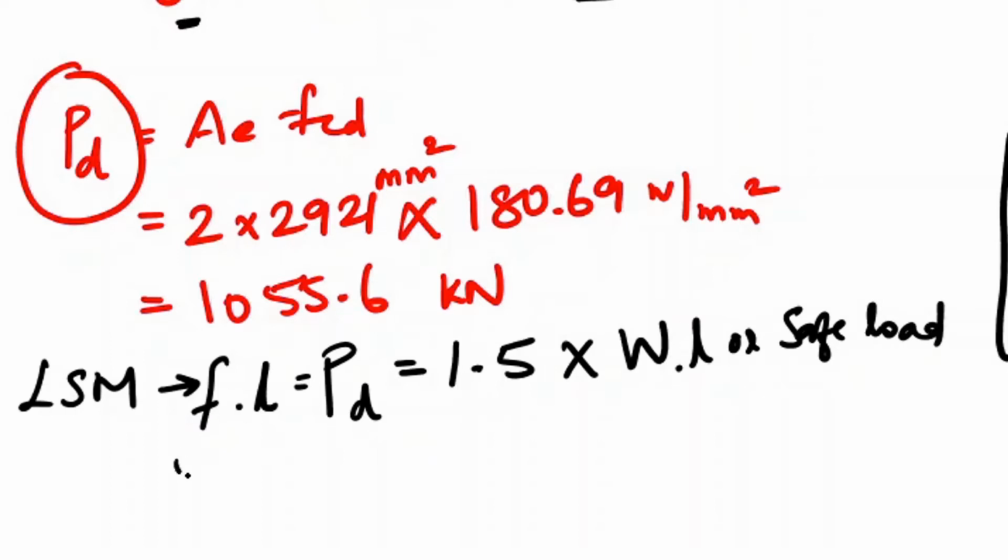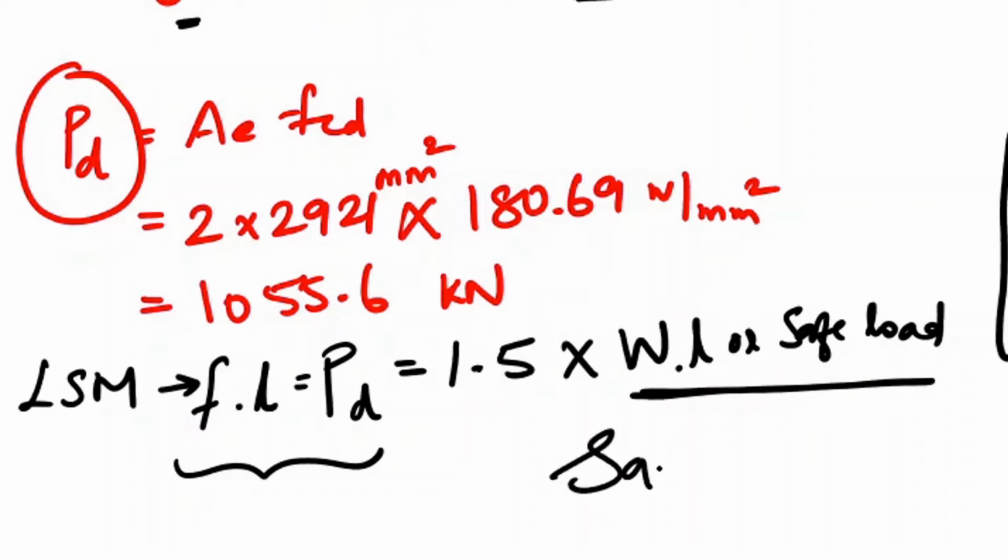If you divide the design load by 1.5, we will get the safe load or working load. Let's name it PS.